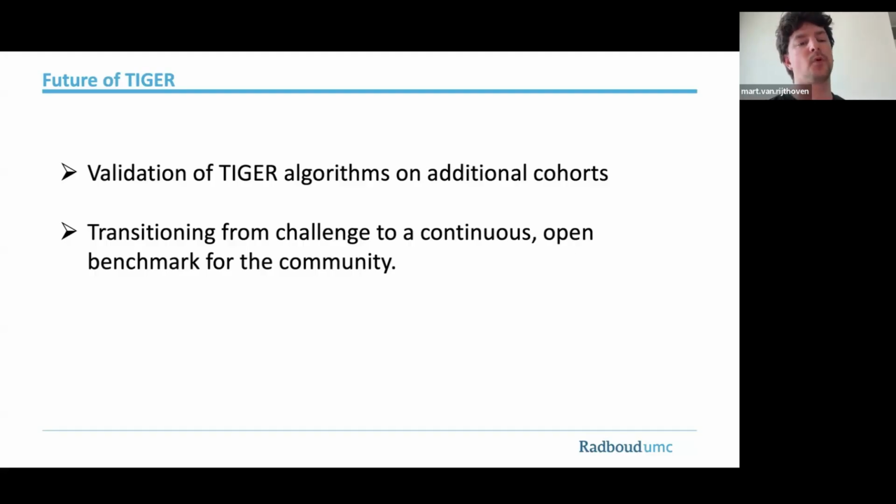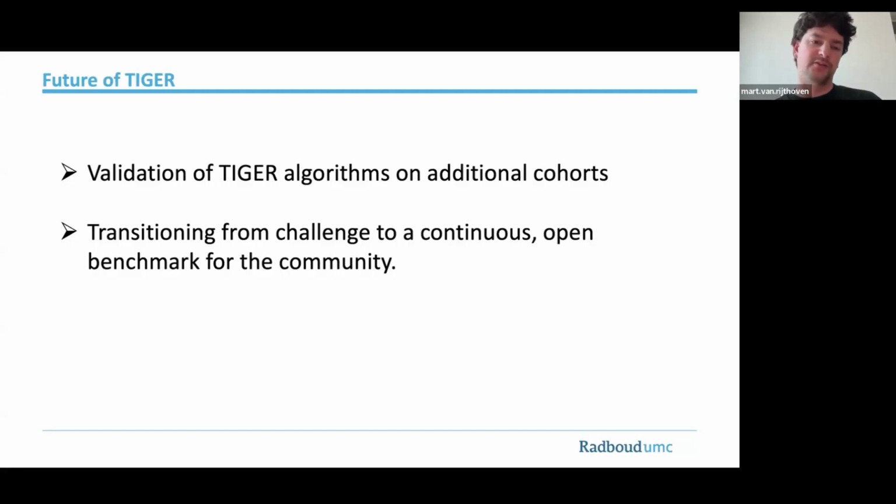And when the paper is published, we're going to transition from basically the challenge to a continuous open benchmark for the community. We're going to reopen the challenge, but not for the challenge itself, where people can just upload and test their algorithms and see the results.